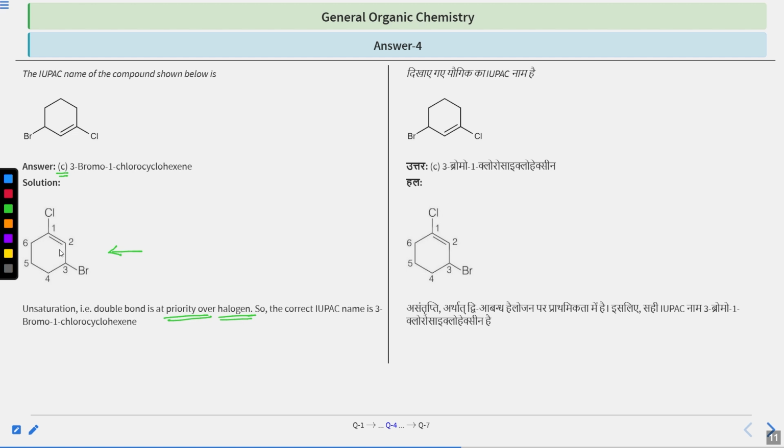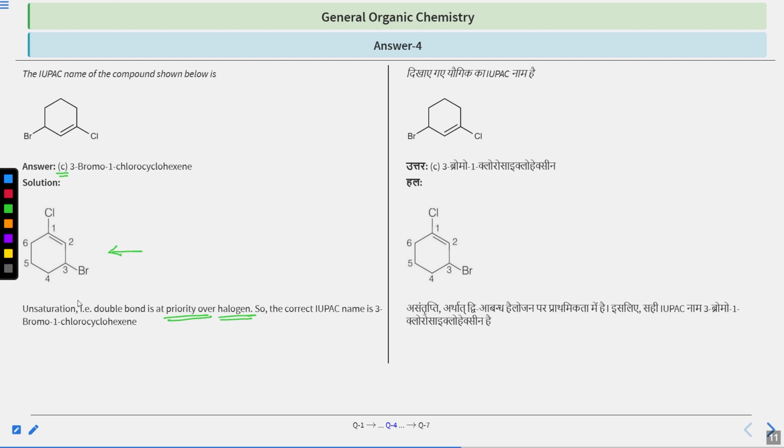Because hexene, we can write it as hex-1-ene, but we can also write hexene, because the double bond is coming on the first carbon, right? C1 and C2, the double bond is present between these two carbons, and we put the lowest number in the naming. So you can either write 1 or just write hexene.